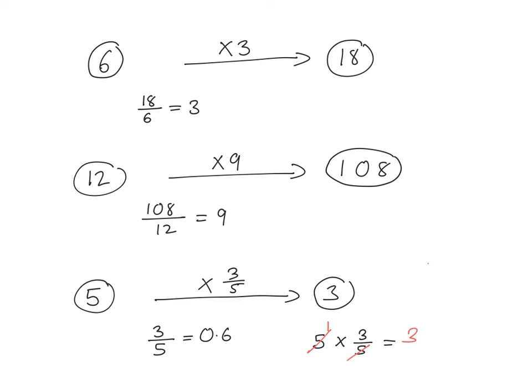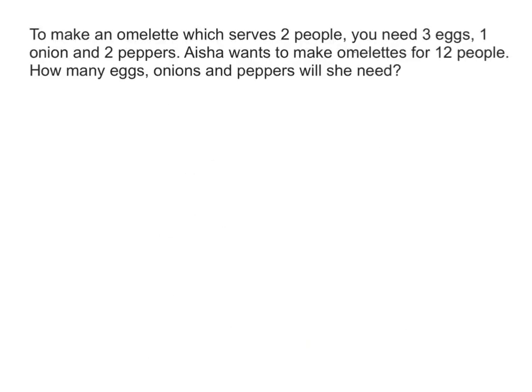So when I have 5 times 3/5, if I write the 5 over 1, what's 5 times 3? 5 times 3 is 15. 1 times 5 is 5. 15 divided by 5 is 3. So clearly we get the product of 3 when the multiplier is 3/5.